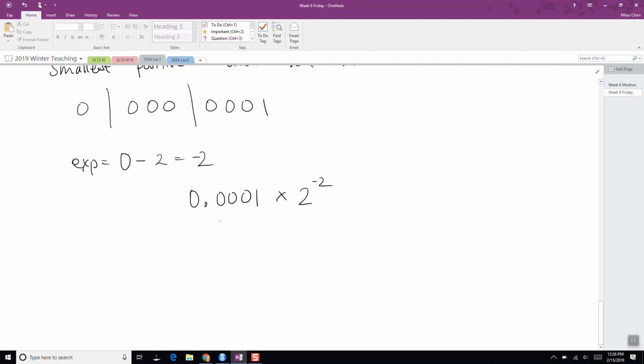So this becomes 1/16 times 1/4, and I get 1/64. This is the smallest positive denormalized value.